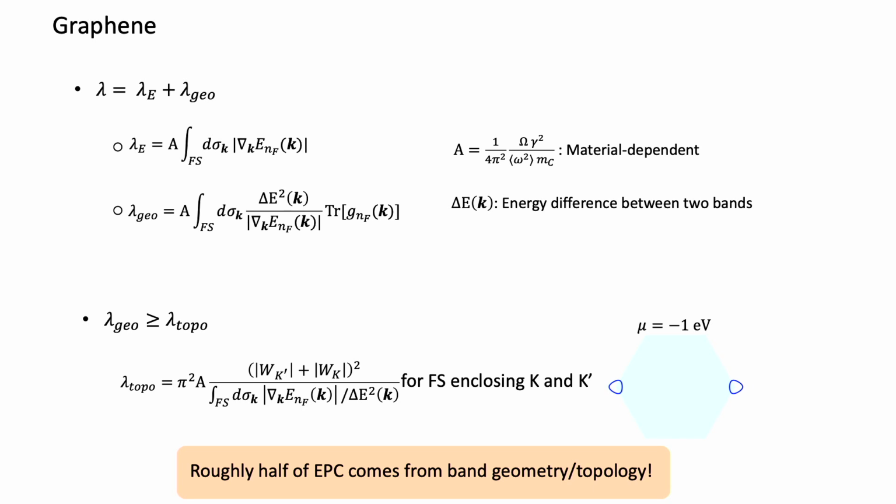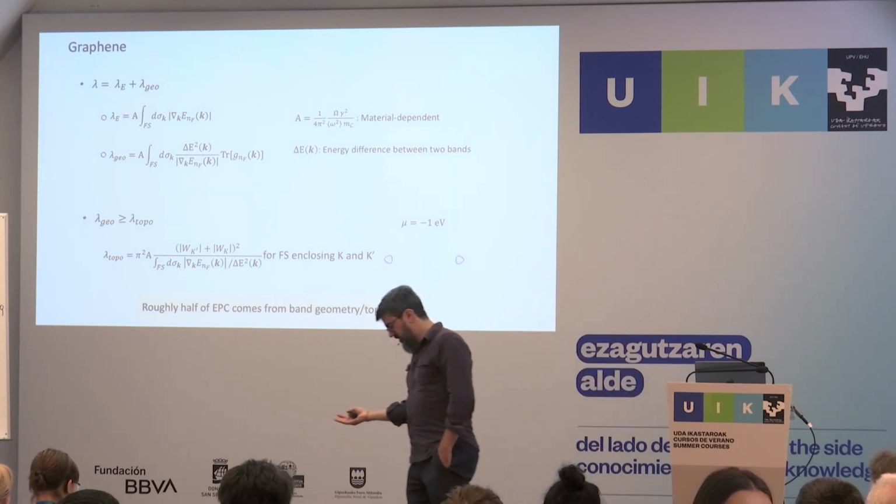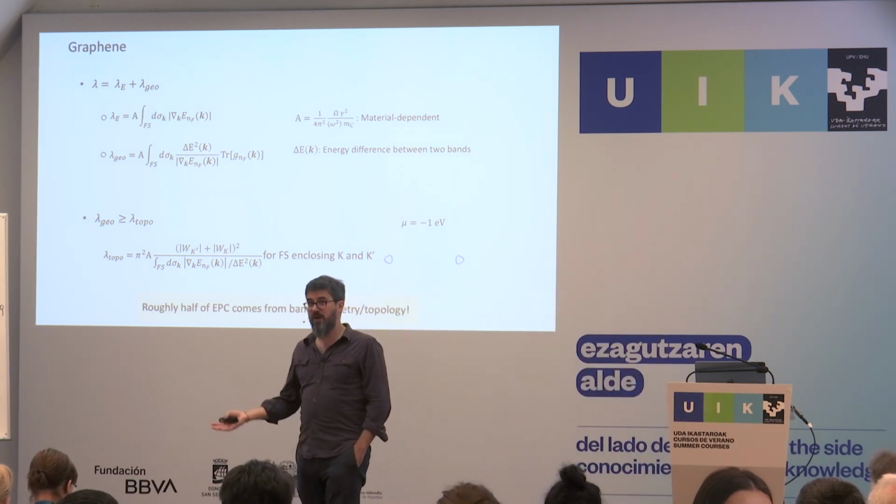Now, the geometric part: this delta E squared is basically the chemical potential, this delta of finite chemical potential. This is mu, so this goes out. This is for linear dispersion. So it's just the Fubini-Study metric. You integrate over the Fermi surface of the Fubini-Study metric. Now, I've told you that the Fubini-Study metric, when you have topological bands, is bounded from below.